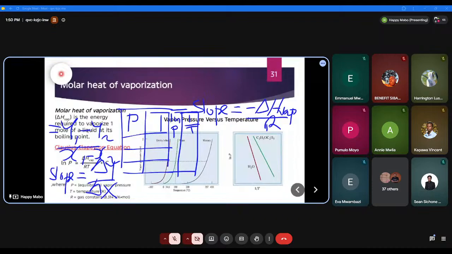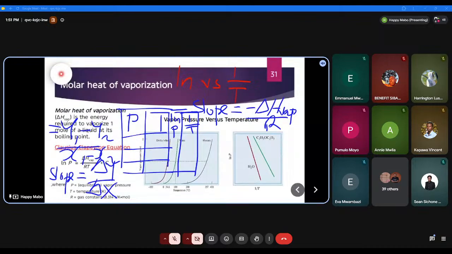Then we are going to ask you, using the table of values you have been given, to plot a graph of ln P against the inverse of temperature. This is the plot that we're going to ask for.